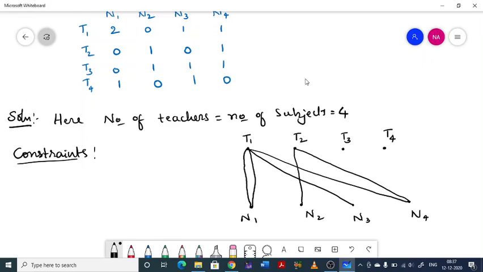Next come to T3. T3 N1 no edge. T3 N2 there is an edge. T3 N3 there is an edge. T3 N4 again there is an edge.